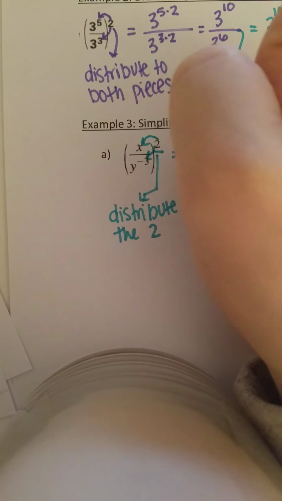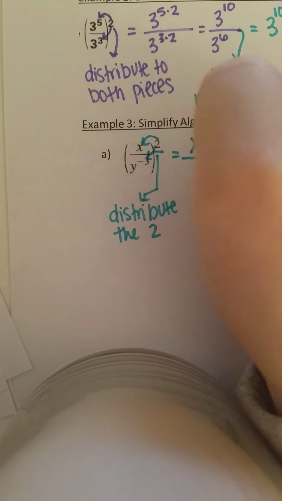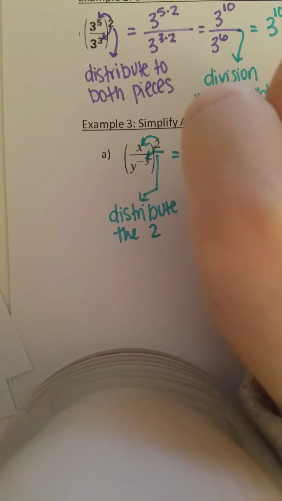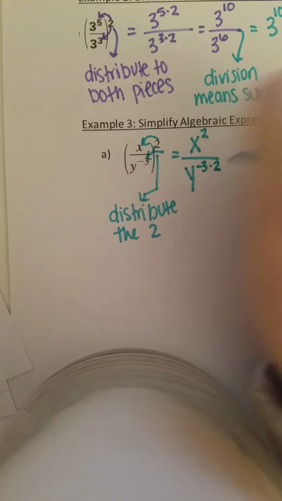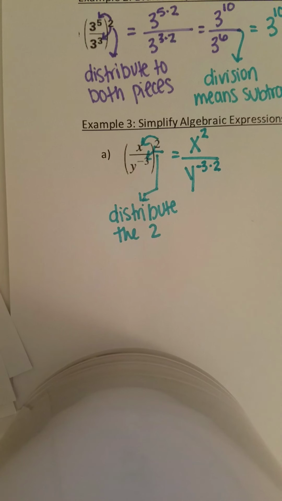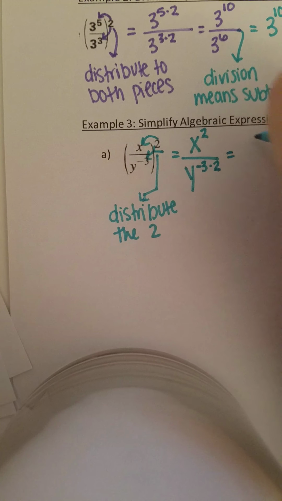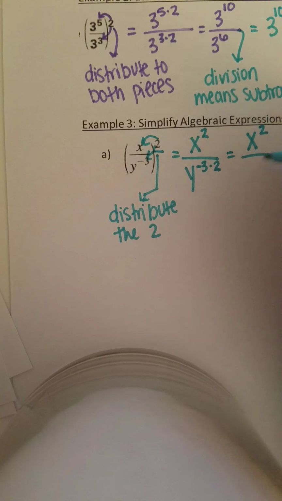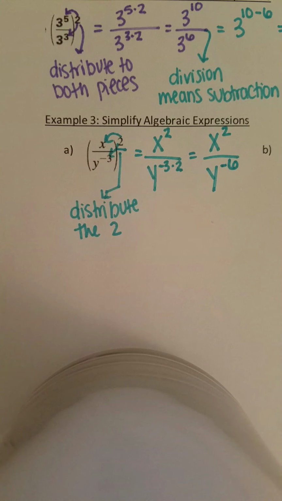So this would be equal to x squared over y to the negative 3 times 2. And negative 3 times 2 is negative 6. So we still have our x squared over y to the negative 6.